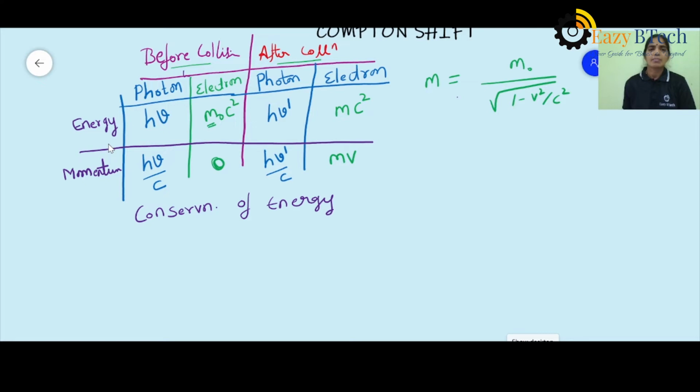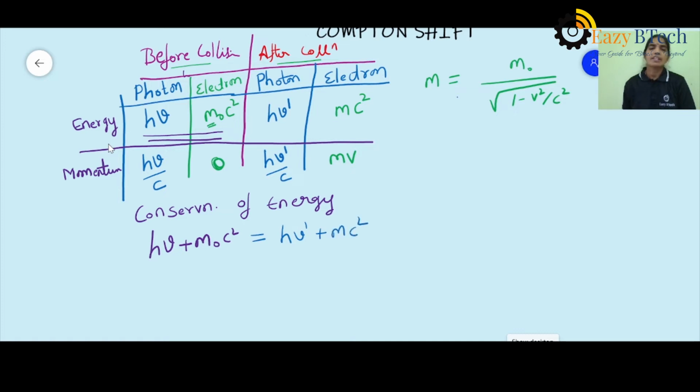We can take it from this table. The complete energy is h mu plus m naught c square. If I look at energy after collision, how much do I have? h mu prime plus mc square.